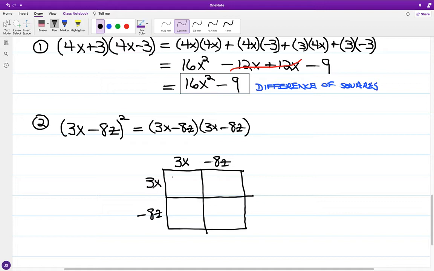So for this particular case, you have 3x times 3x, which will make 9x squared. You have 3x times negative 8z, so we will have negative 24xz. And another 3x times negative 8z gives another 24xz that is going to be subtracted. And then we have negative 8z times negative 8z, that's going to be a positive 64z squared.